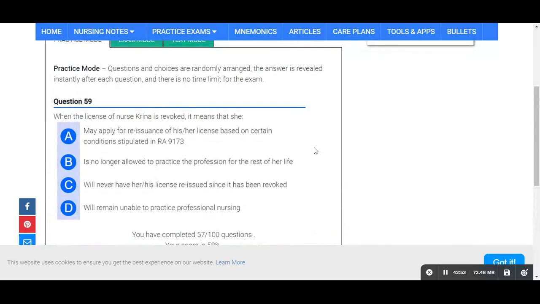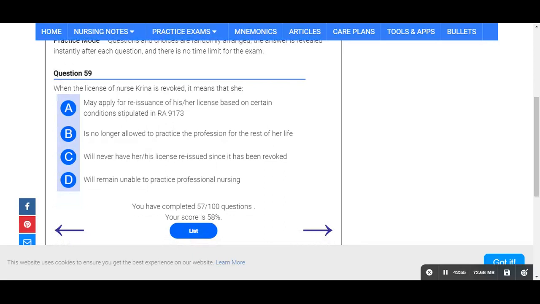Now, next question. When the license of Nurse Karina is revoked, it means that she may apply for reissuance of her license based on certain conditions, or is no longer allowed to practice the profession for the rest of her life. Okay, the license has been revoked.